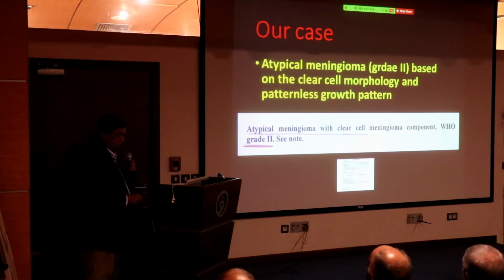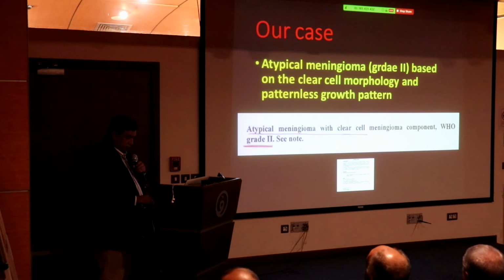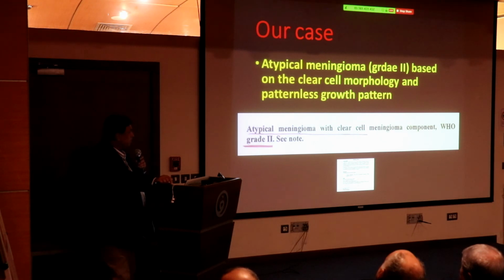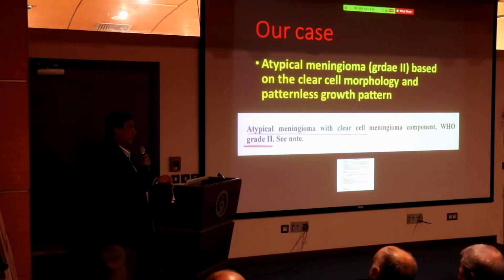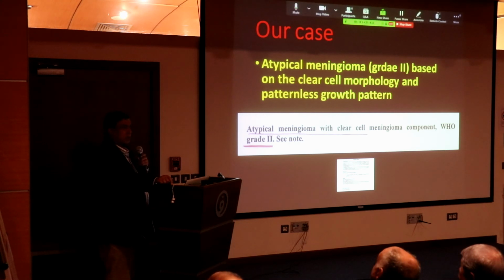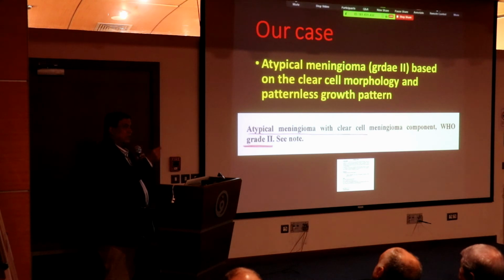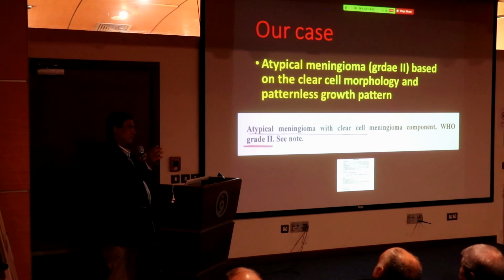So the histology is grade 2 meningioma. I just want to remember something. The other day, I heard that one of the candidates for the Jordanian board described me as unfair because I asked him about meningiomas. Meningiomas constitute 20% of brain tumors. 20%. The pituitary adenomas, another 18%.